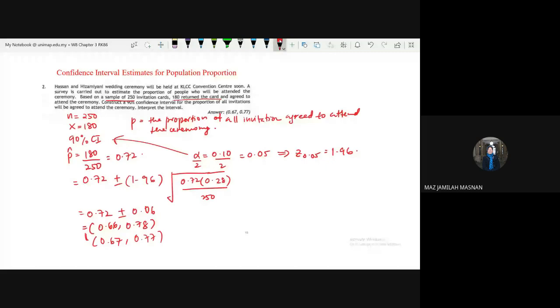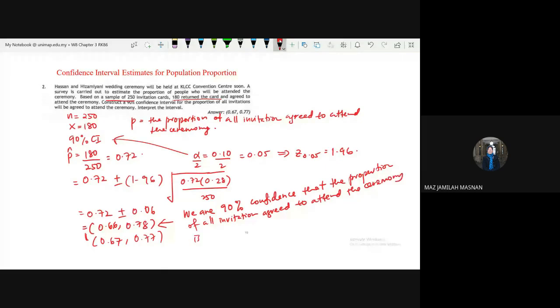Okay, so now how do we interpret this? We can say we are 90% confident that the proportion of all invitations agreed to attend the ceremony is between 0.67 and 0.77.